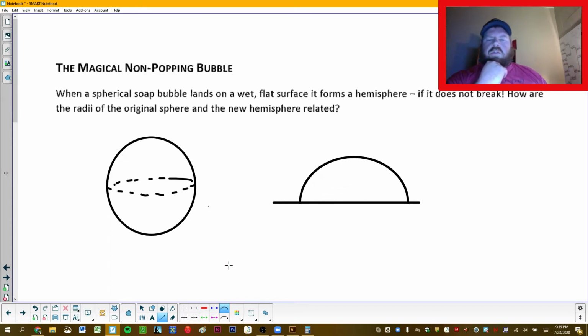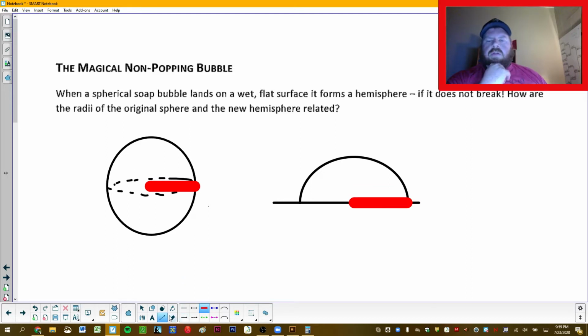Okay, so the question is, between these two figures, they both have a specified radius, and how are those two radii related? What's the relationship between them?